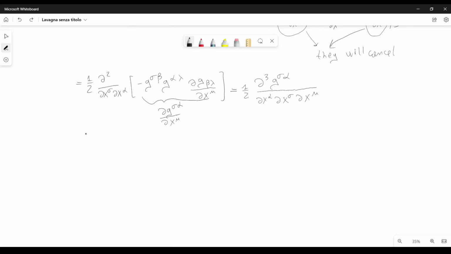We have minus 1/2 d squared over dx alpha dx mu times g lambda beta gamma alpha lambda beta, and this is equal to, if we insert the expression for gamma, 1 over 4 d squared with respect to x alpha dx mu.